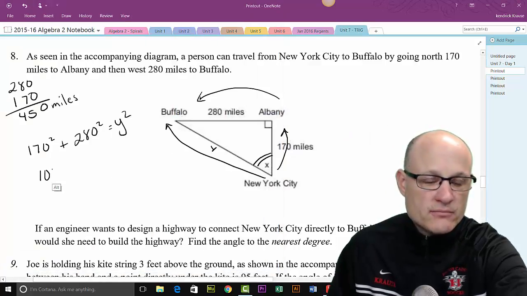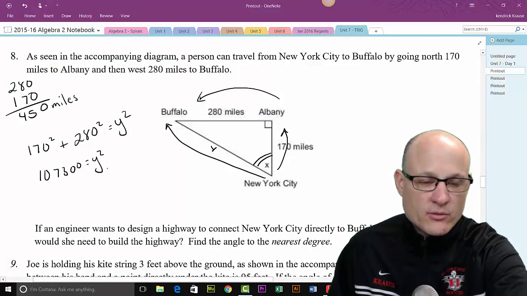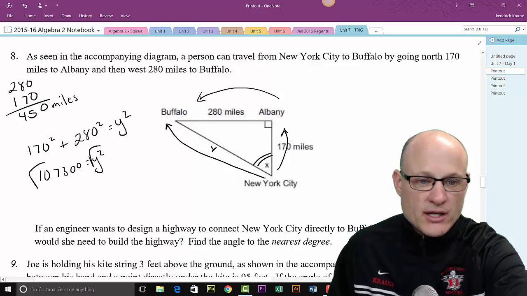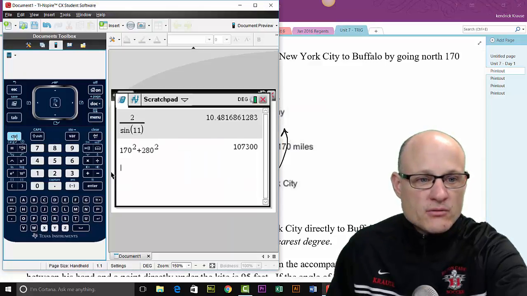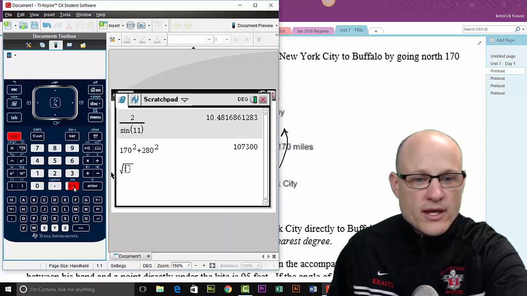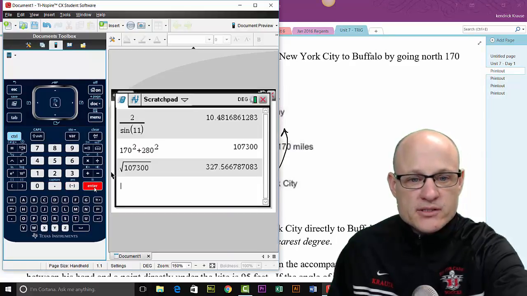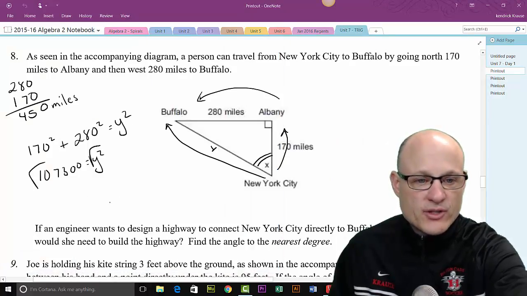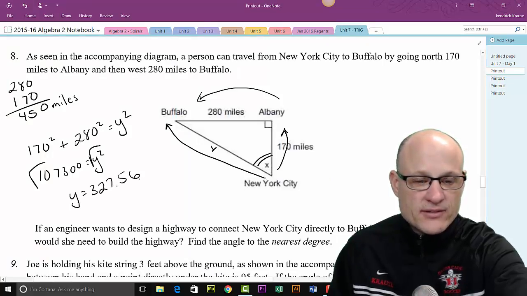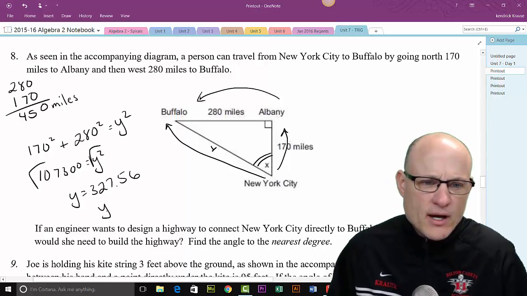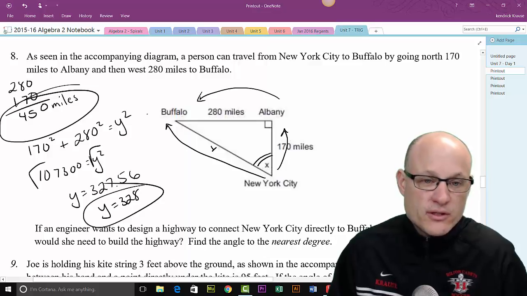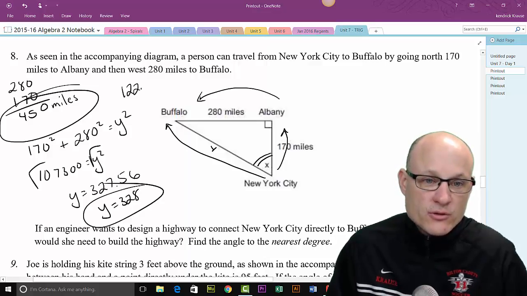So 107,300 is equal to y squared. Now I take the square root of both sides: 327.56. So y equals 327.56, and since I said rounded to the nearest mile, y is equal to 328. So how much shorter is it? It's 122 miles shorter. Just subtract those two.